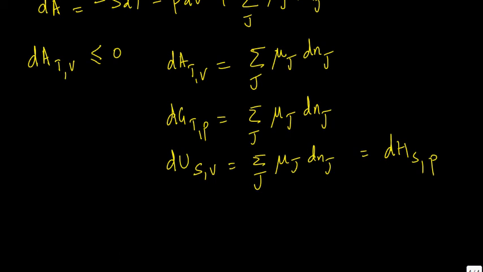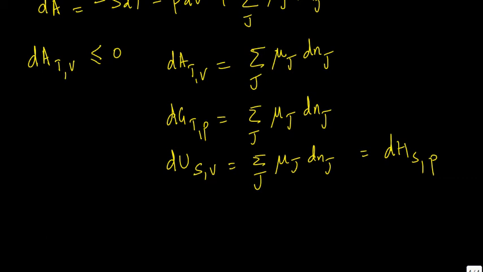Some confusion? Some of you had this problem: how can G change when P and T are constant? I know some of you were asking. I hope that is clarified now.